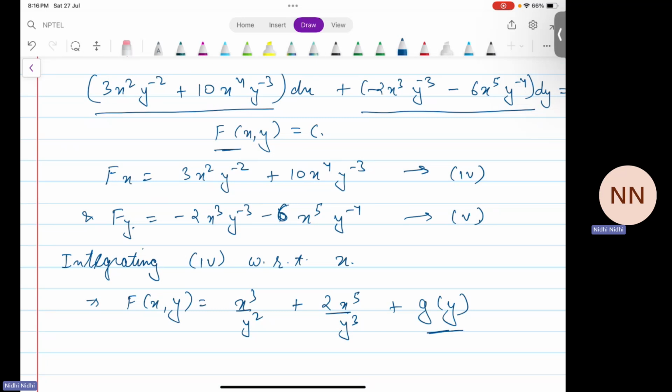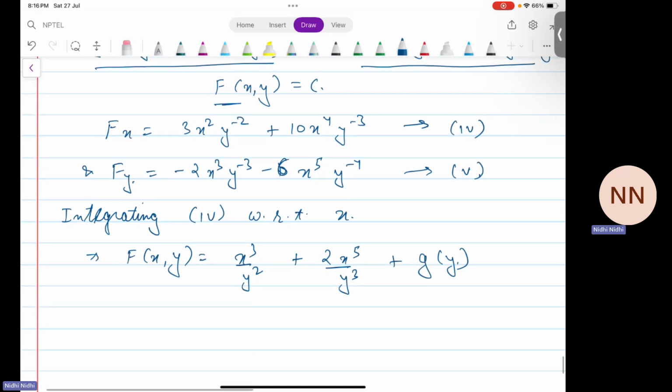So it would have happened that instead of a constant, we would have a function of y. Now this gives us the derivative of f with respect to y is equal to 2x cube by y cube minus 6x power 5 by y power 4 plus g dash y.